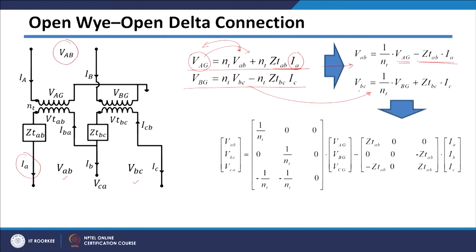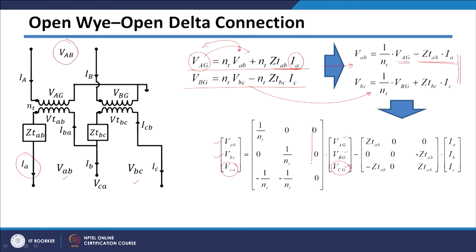So we can write them into matrix format. So in this case also, on this side all the 3 voltages I have written. However, we are not having equation for this VCA equation. On this side we are having VAG, VBG and VCG, and there is no term in this equation related to VCG.